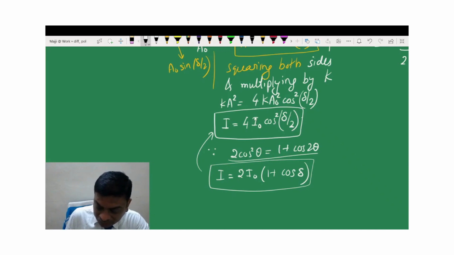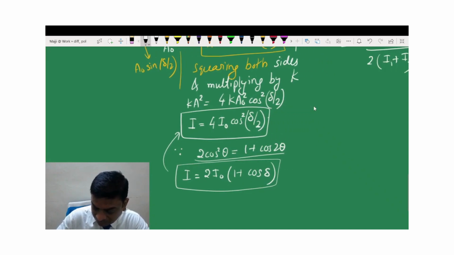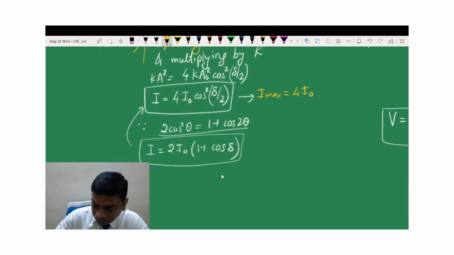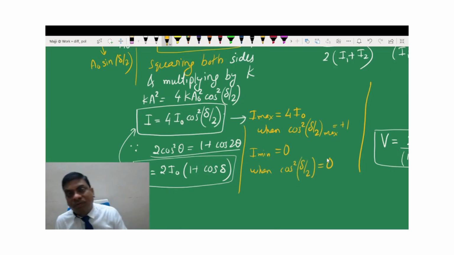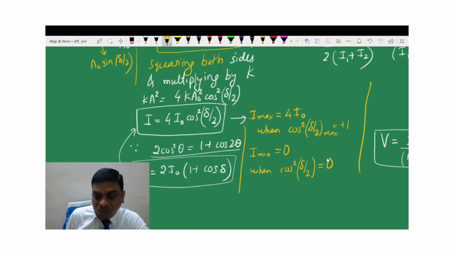Now, one more thing we have to realize: the maximum value of intensity will be 4 times I naught when cos square delta by 2 is maximum, and the maximum value of cos square could be 1. Similarly, minimum intensity will be 0 when the value of cos square delta by 2 is 0, because the minimum value of any real number square is 0.